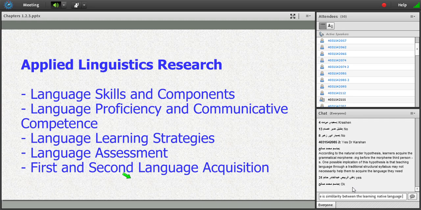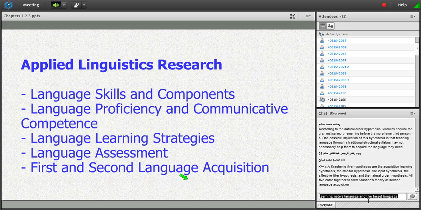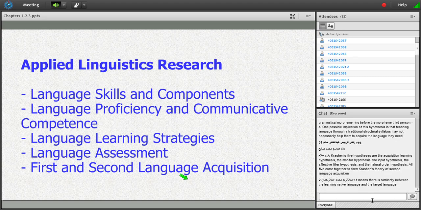The past form is brought, irregular, okay? So in first and second language acquisition research, the researchers focus on the order of acquiring language, and different factors that can increase or decrease the speed of learning among the students.